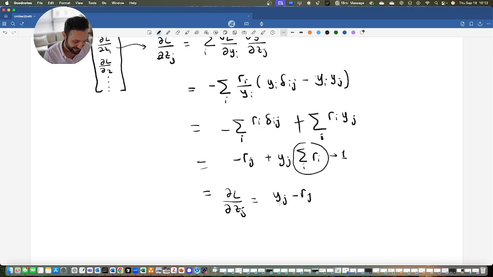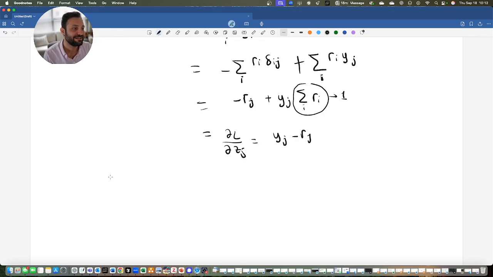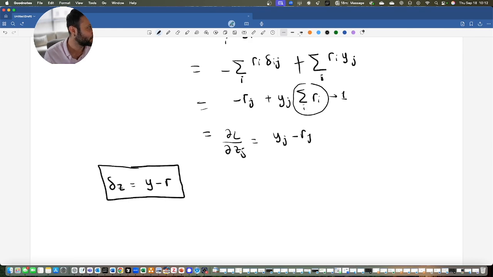This is neat. And which makes my delta z, the error that comes to the logit, the vector of these. It's a subtraction of two vectors. It is nothing but y minus r. That's a very great outcome that we see.